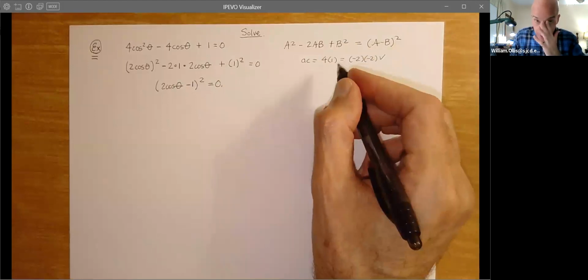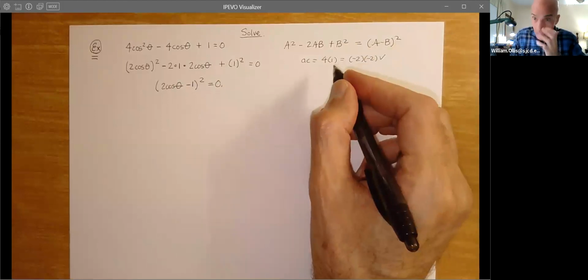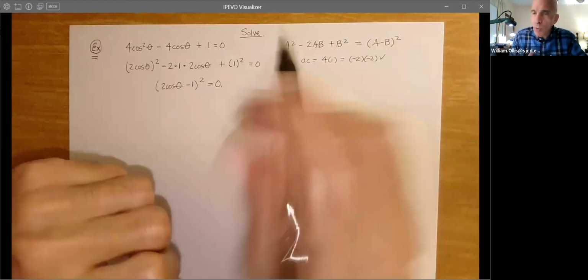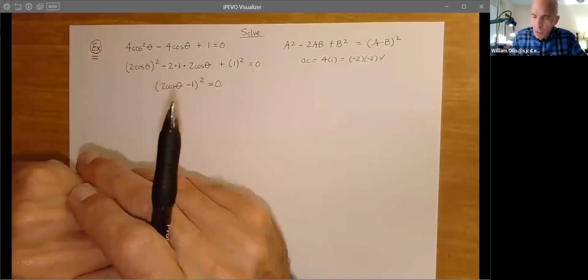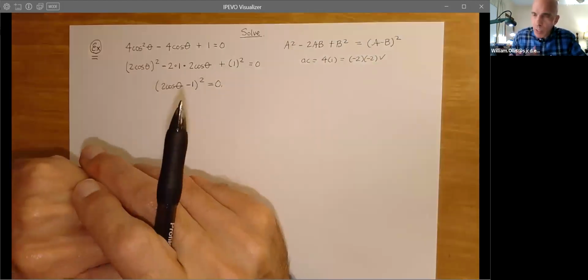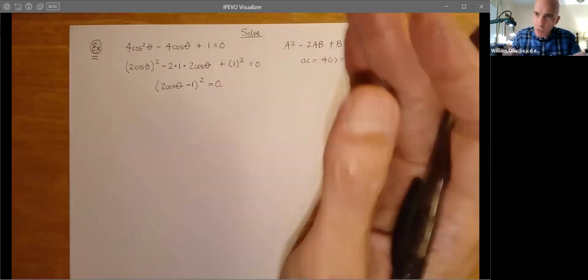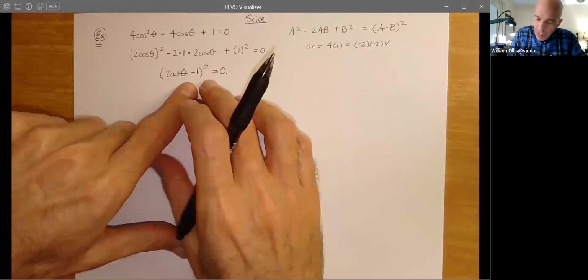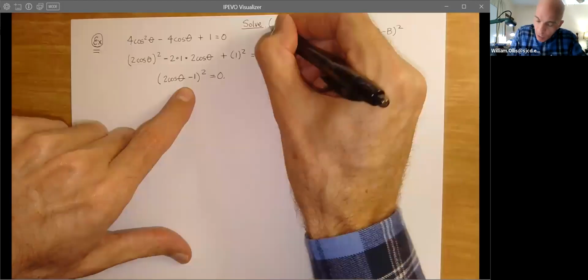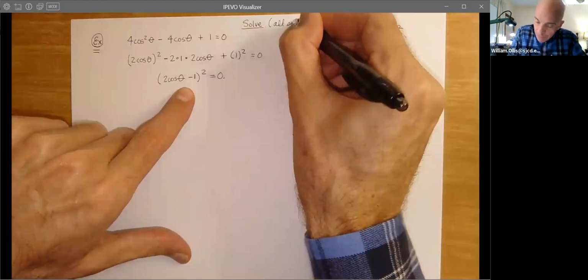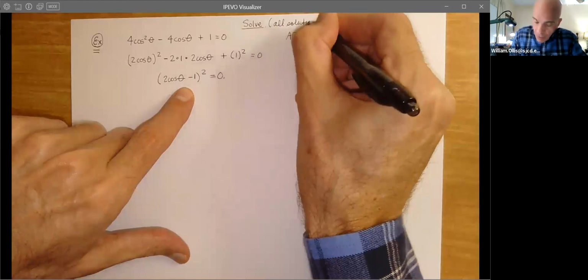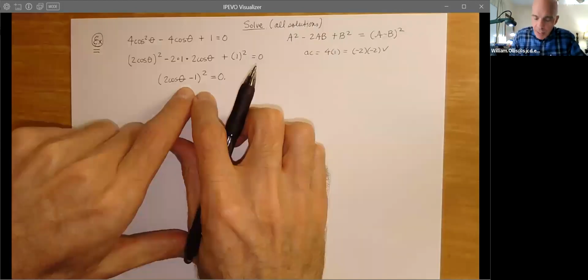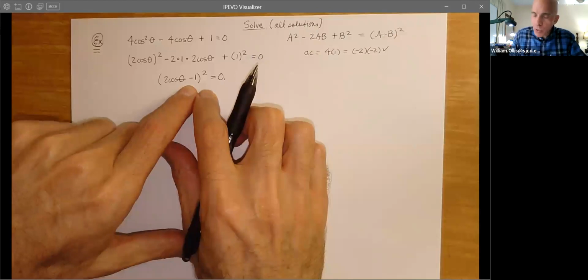I think either method is fine. You have to notice one or the other, but the AC method will always work, especially if they're rational zeros. We know that to be the truth. The theorem goes both ways. So now, let me just remind you, when it says solve, it means all solutions. When we look at this, we've got the repeated root, so to speak.